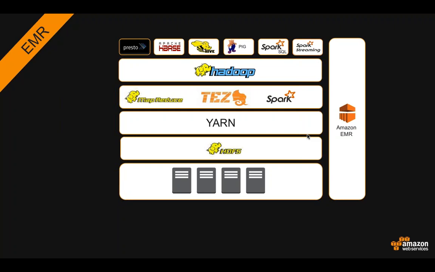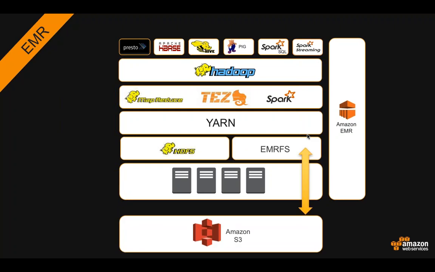So what we wanted to do with EMR was make sure that customers could use a different external storage layer that was highly durable, highly scalable, low cost, and so on, and use that with their Hadoop clusters. EMR brings with it something called EMRFS, which is EMR's file system.